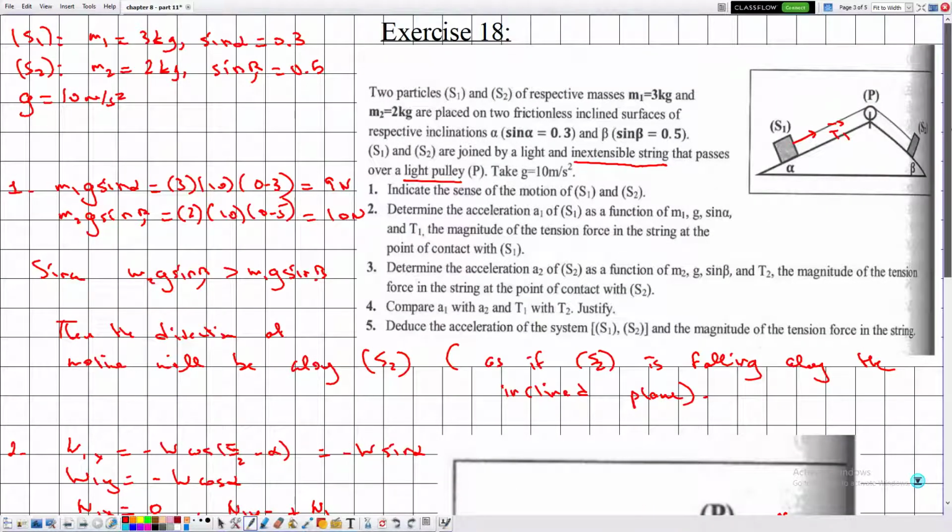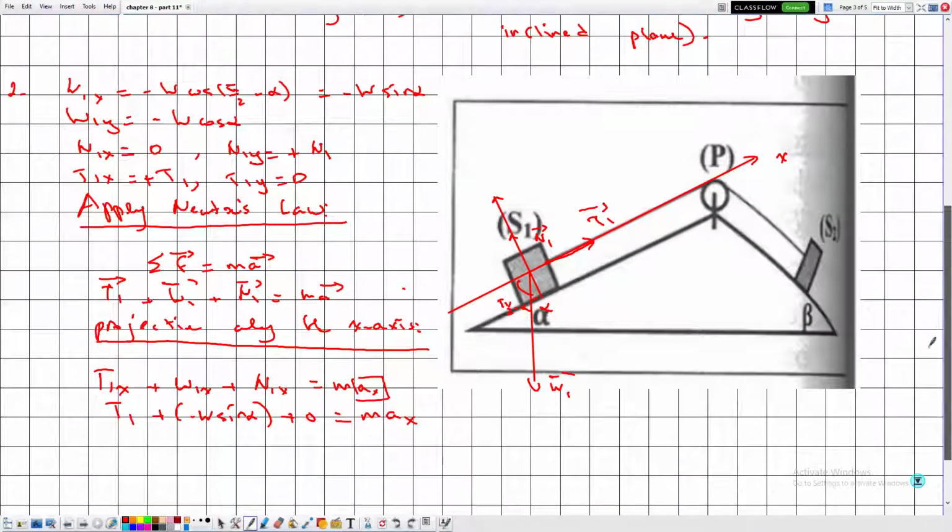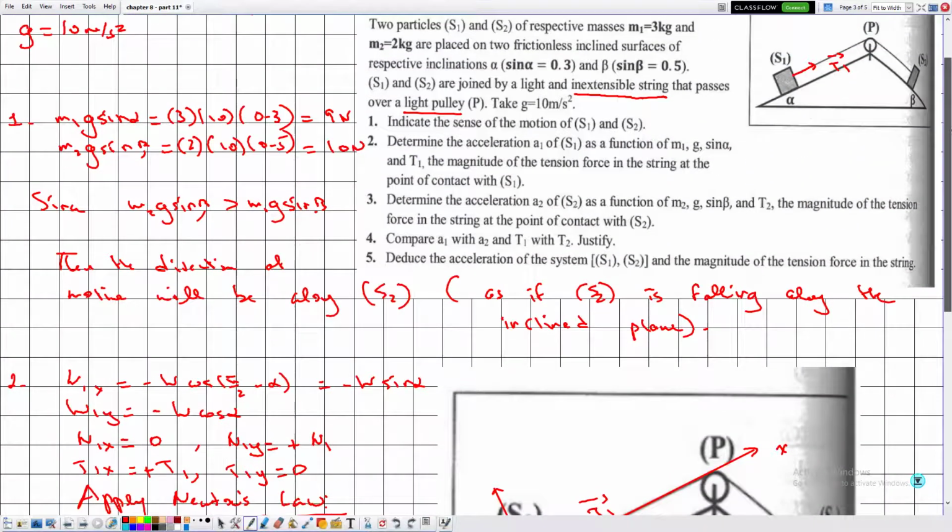So here, recall that they are asking us to determine the acceleration A1, so A1x. Then we are interested in determining A1x as a function of M1 G sine alpha and T1.